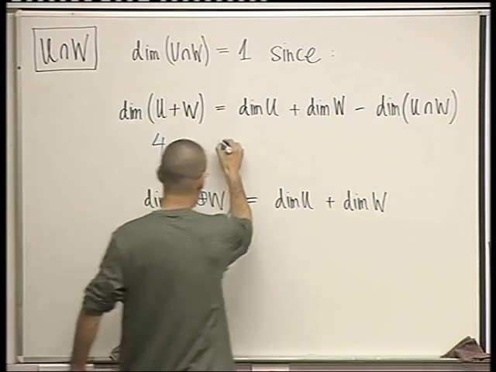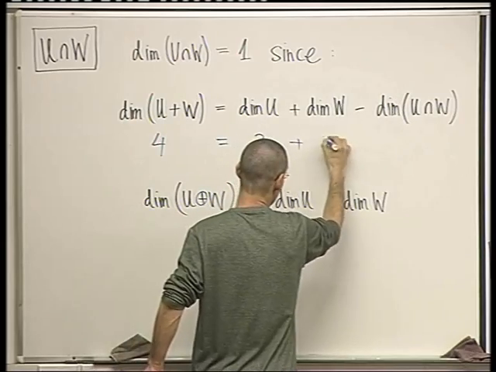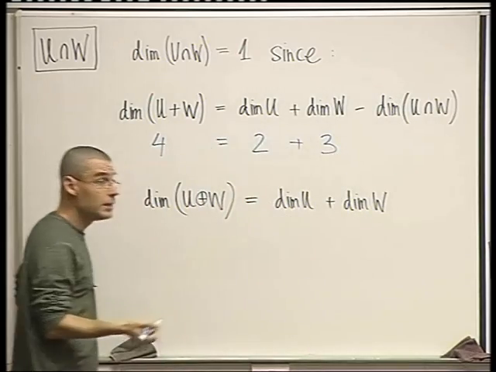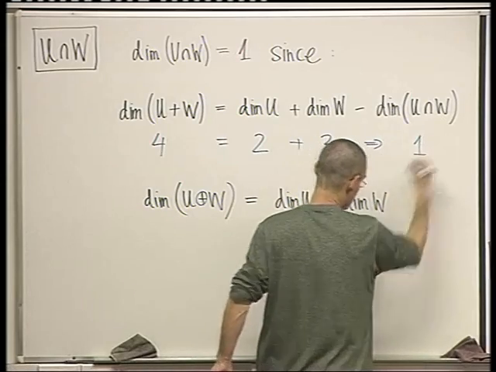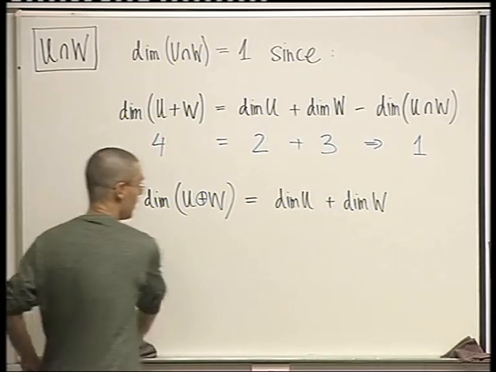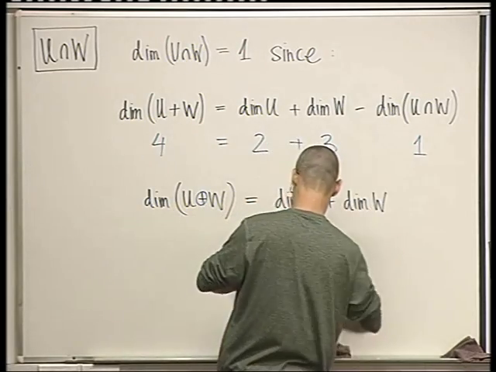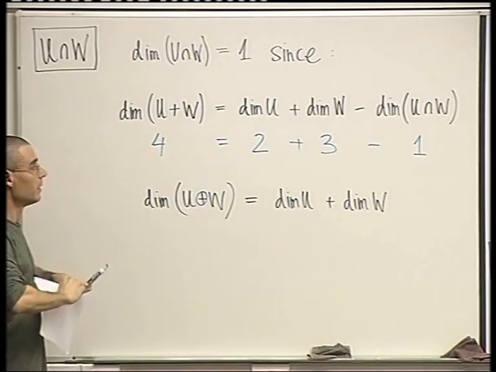That's what we just saw. The dimension of U was 2. The dimension of W was 3. Therefore, this has to be 1. Do you agree? This is a weird way of writing an equation. Let's just put the 1 here, but good?